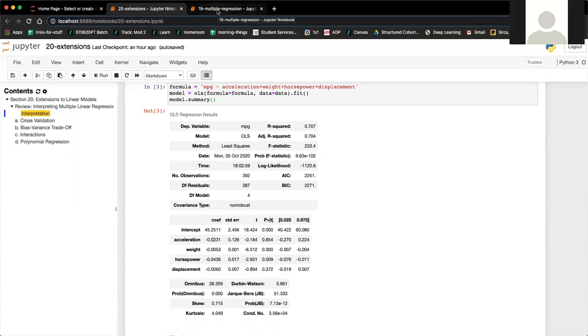Yes, quick question. So just so I can understand this a little bit better, the intercept is basically saying when all the independent variables are 0, that's the value of miles per gallon, correct? That's right. So what is that actually saying?